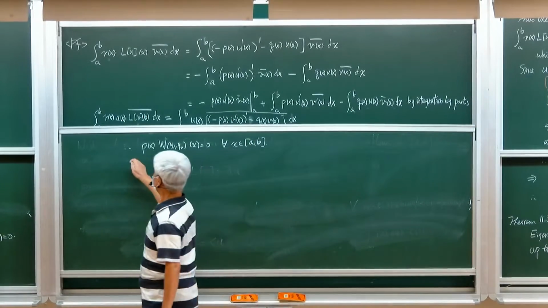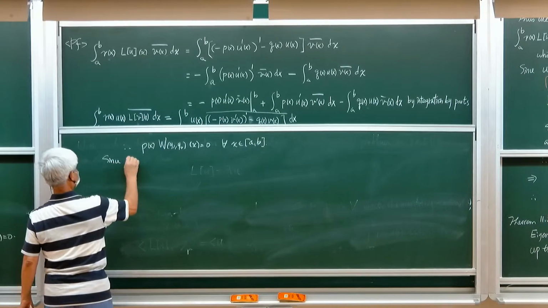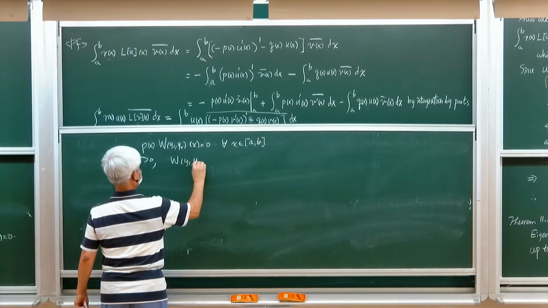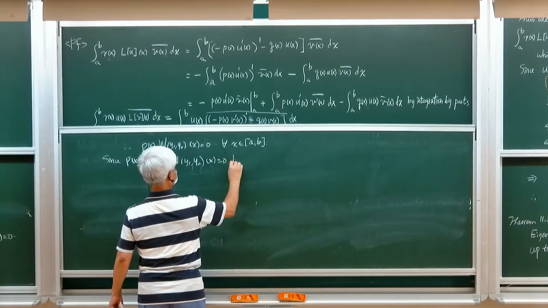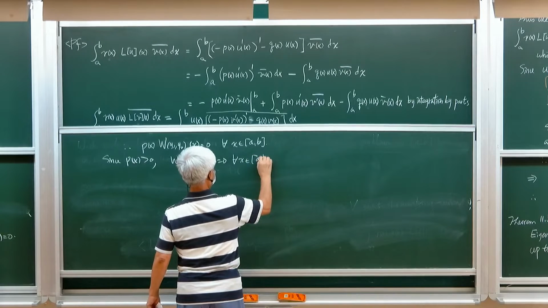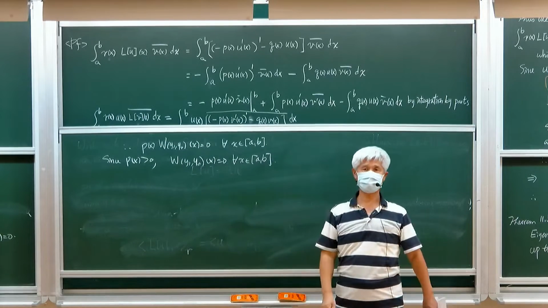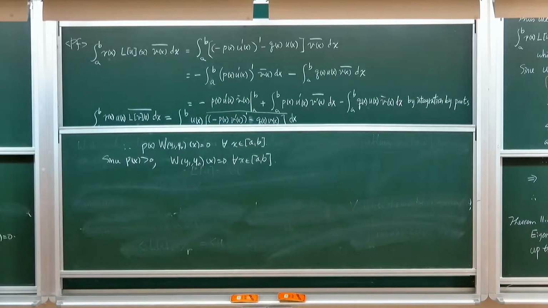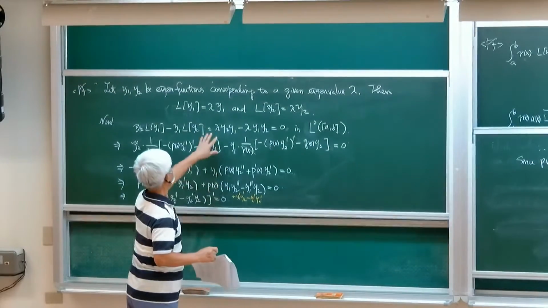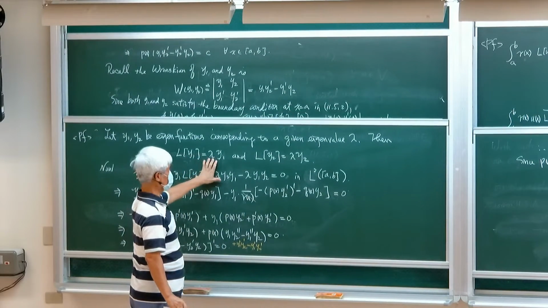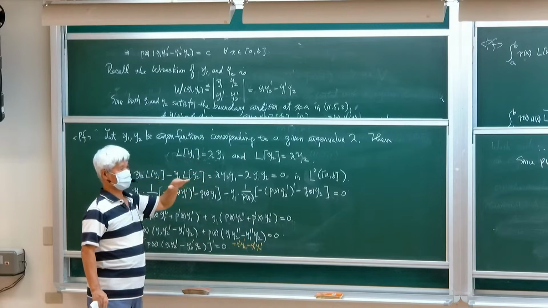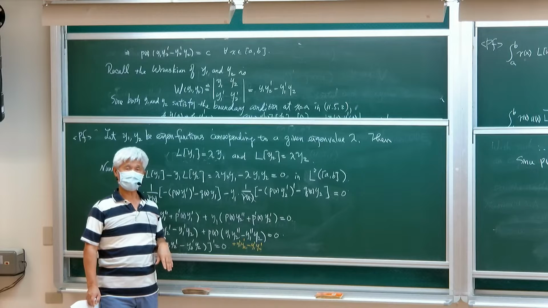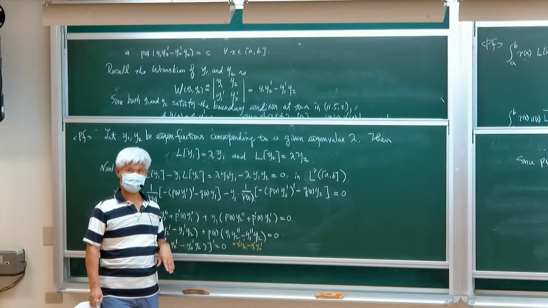But P of x is positive, so the Wronskian is 0 for all x. Now, y1 and y2 are eigenfunctions, so they are solutions of a homogeneous second order ordinary differential equation.